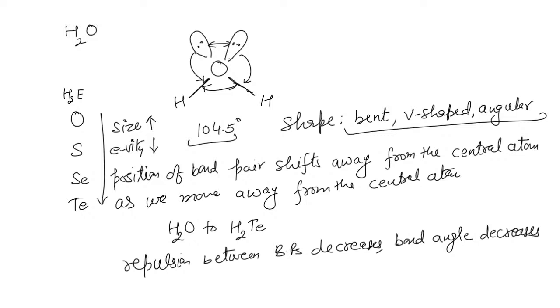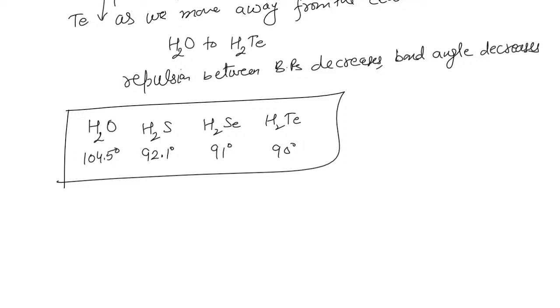In H2O the bond angle is 104.5 degrees, in H2S it comes to 92.1 degrees, in H2Se it is 91 degrees, and in H2Te it is 90 degrees. So this is all about bond angle.